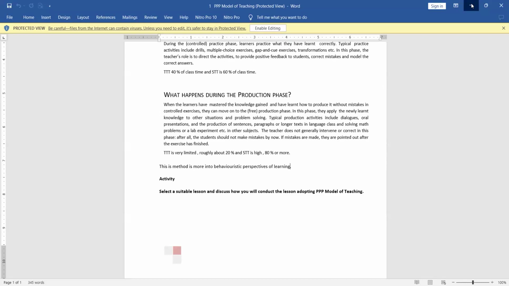Okay. So I'm trying to actually show you a science lesson using the PPP model. So that is another example from you. So let's see how it can be used in a science class.